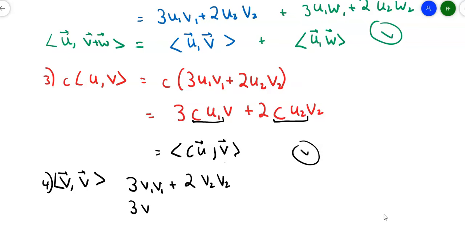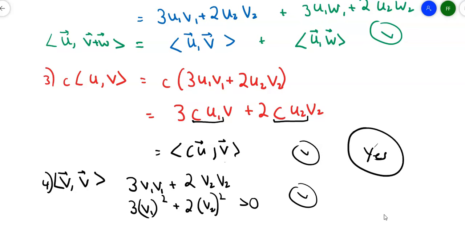Well, that gives me 3 v1 squared plus 2 v2 squared. This has to be greater than 0. And so, yes, it works, unless the vector is equal to 0, right? It's possible that I'm dealing with two 0 vectors, and then I end up with just 0, but other than that, it's going to be greater than 0. So yes, it fits the definition of an inner product.